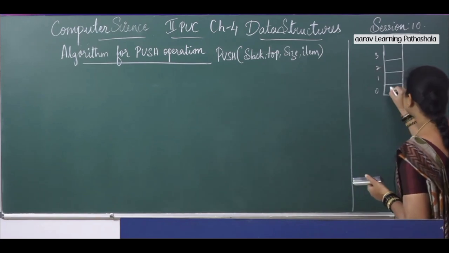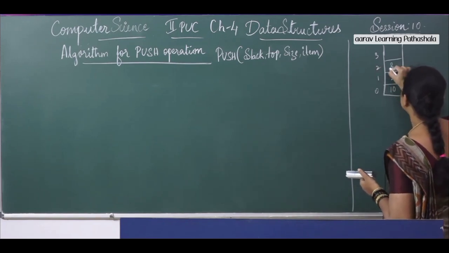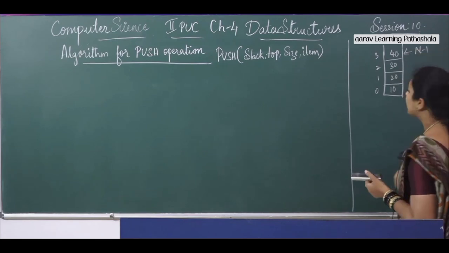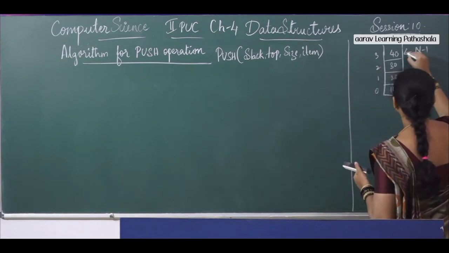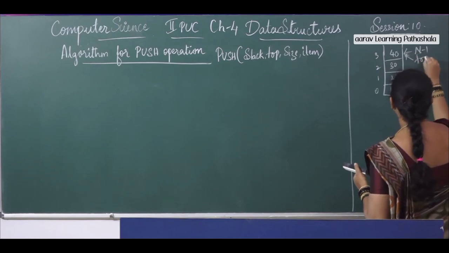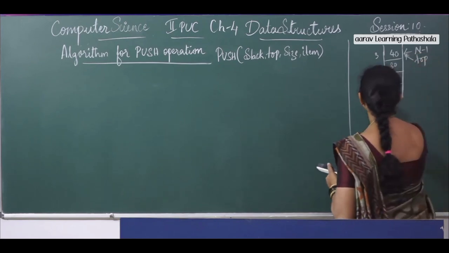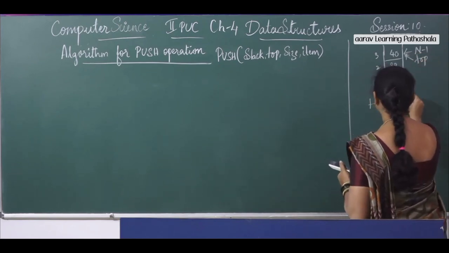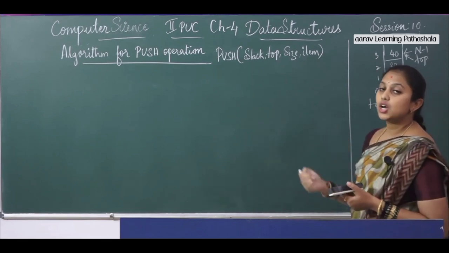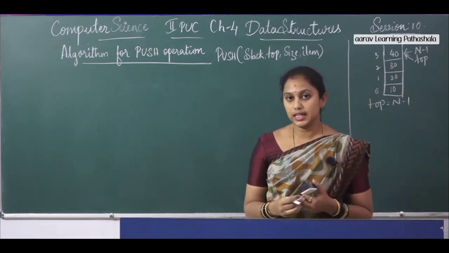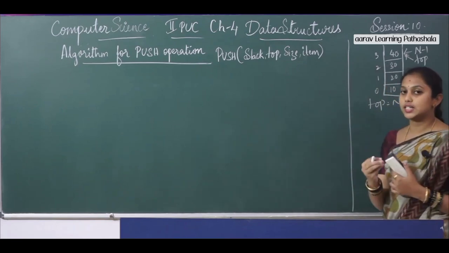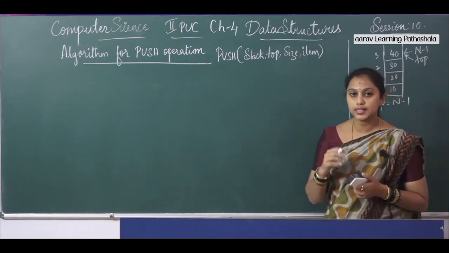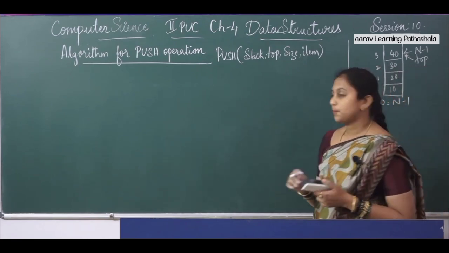That is, if the stack contains 10, 20, 30 and 40, so this is the n minus 1 position. This is the top of the stack, right? If the top is n minus 1, then it is in overflow state.